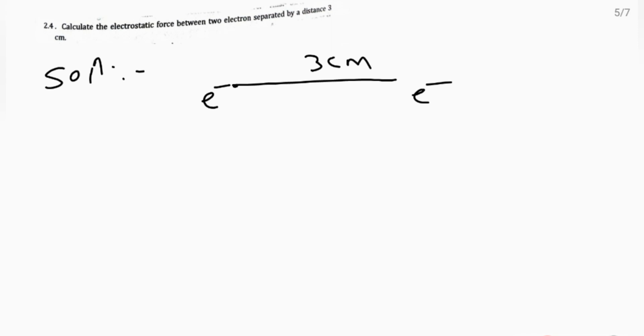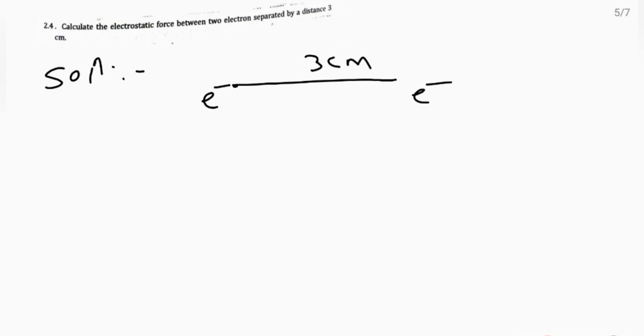So the next question was, calculate the electrostatic force between two electrons separated by a distance of 3 cm. So, solution. In the question it was saying there are two electrons, one electron is here and another electron is here, separated by a distance of 3 cm.